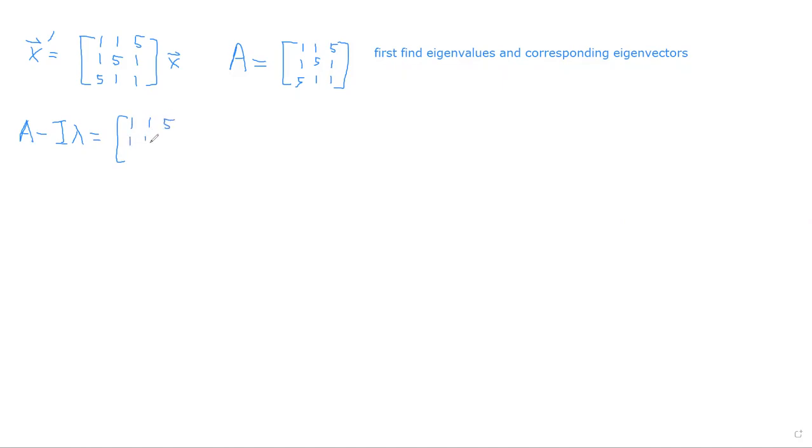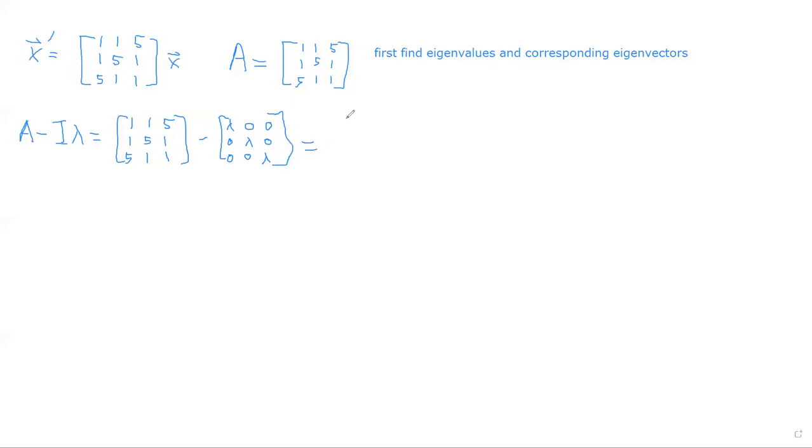A is [1, 1, 5], [1, 5, 1], and [5, 1, 1], minus I lambda. So I is just like lambda 0 0, then 0 lambda 0, 0 0 lambda. Because lambda is a scalar value and the identity matrix is like these with 1, so 1 times lambda is like lambda, like that.